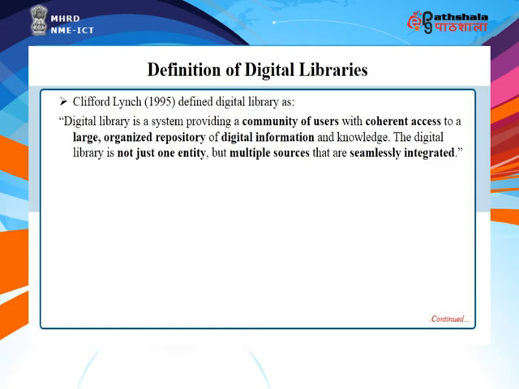That means users with specialized requirements. Coherent access means consistent, logical and coordinated access. Organized repository means that the collection in the repository is organized akin to a library. Digital information means digitized documents. Moreover, a digital library is not a single entity but multiple sources integrated seamlessly.